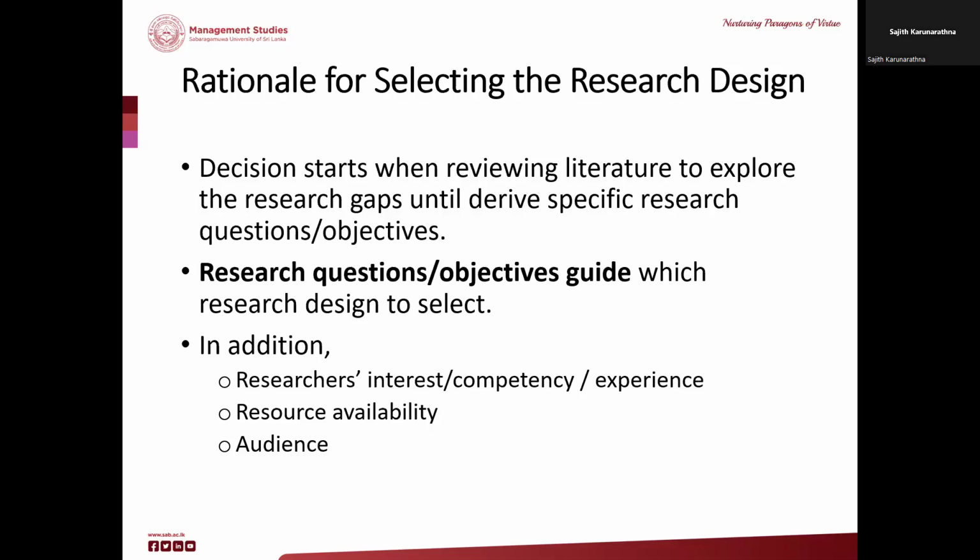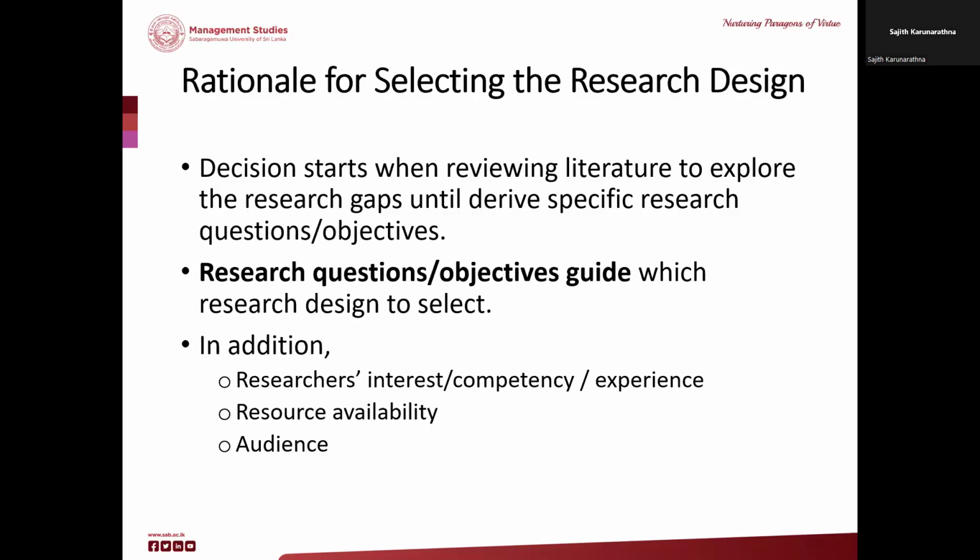In addition to that, we select the methodology or design based on the audience we have as well. Assume that I'm an undergraduate researcher working in another state university where we highly focus on quantitative research. As an undergraduate researcher, I'll select a quantitative design because most of the experts and supervisors are from the quantitative paradigm. Who are my audience?